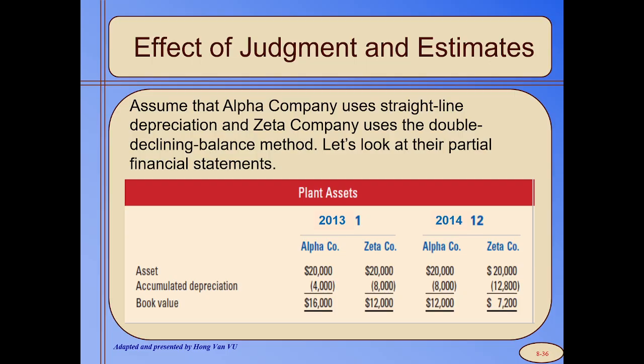So here is the balance sheet representation of the assets of both Alpha company and Zeta company. Notice that the book value of the asset is higher for Alpha during 2013 and 2014. However, at the end of the asset's useful life, the book value of the asset for both companies will be equal.